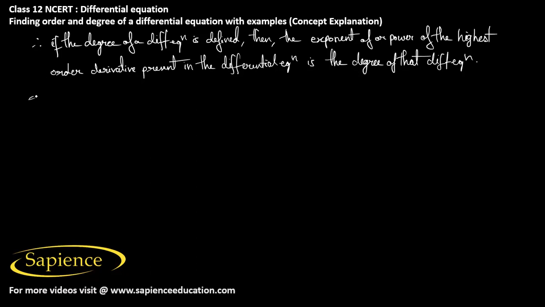It means that, for example, suppose we have an equation: (d²y/dx²)³ − 7x (dy/dx)⁵ − y⁶ sin x = 0.